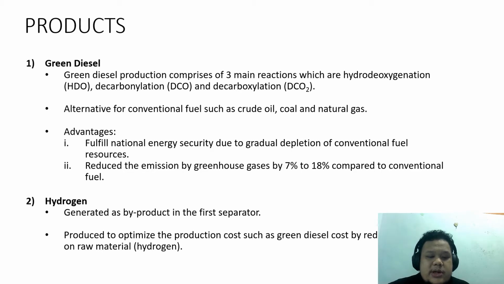The second product in this proposed project is hydrogen. Hydrogen will be generated as a byproduct in the first separator, and it is also produced because it may optimize the production cost, such as the green diesel cost, which is very high, by reducing expenses on the raw material itself. Now I pass the floor to Shafika.